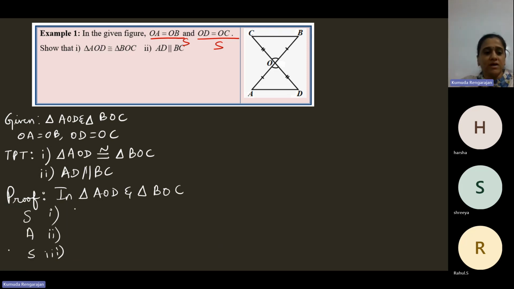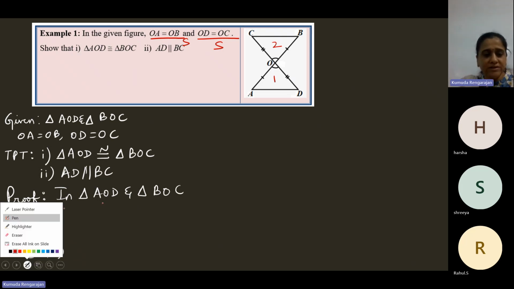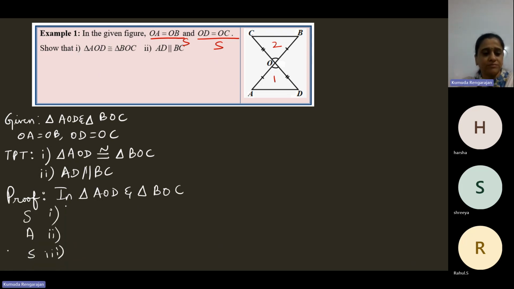Now, see here. Which is our first triangle? You can take anything as the first triangle. Say I take this as the first triangle and this one is the second triangle. That's what I've written here. AOD I've written first, and then I've written BOC. All right? Now, listen to this. Side OA of the first triangle is equal to side OB of the second triangle.